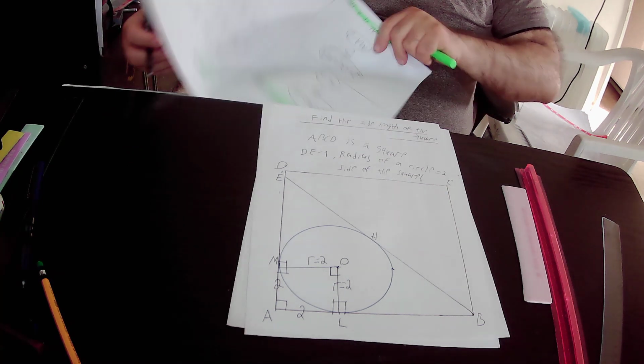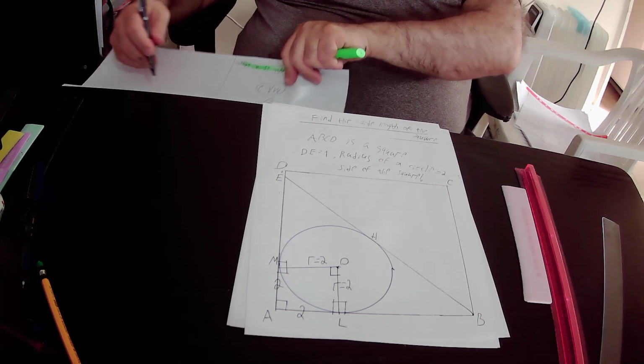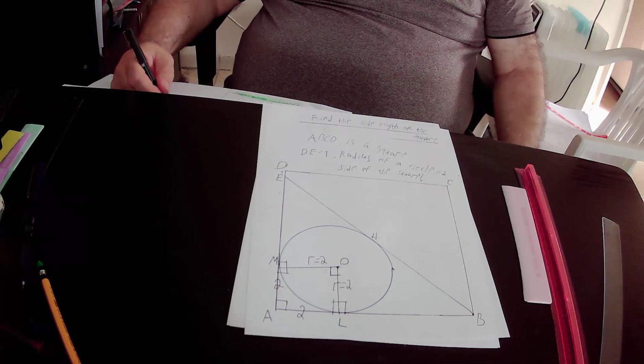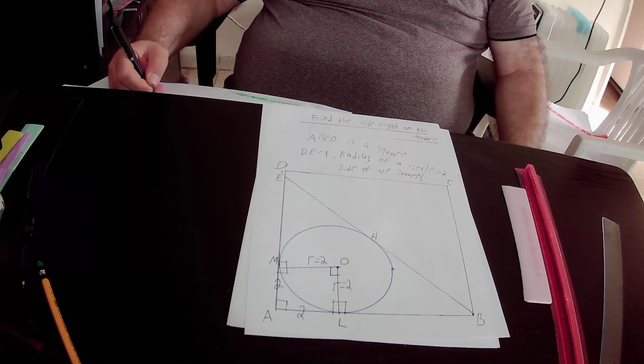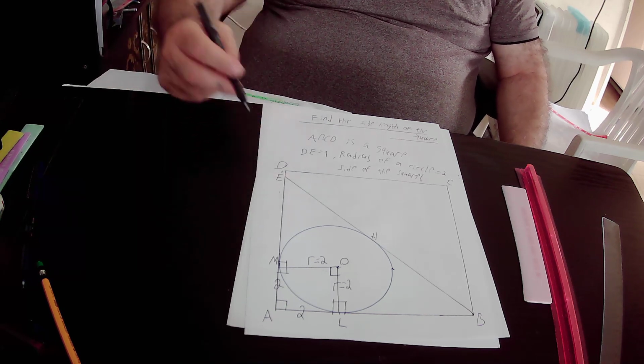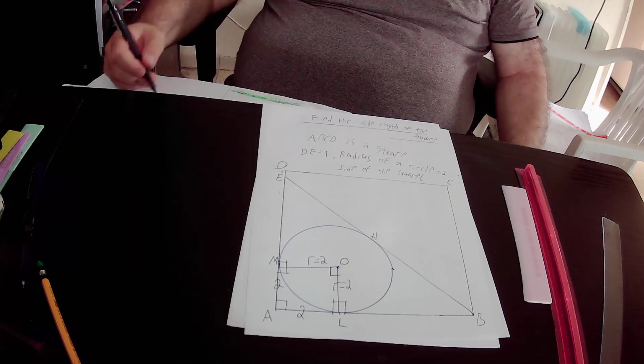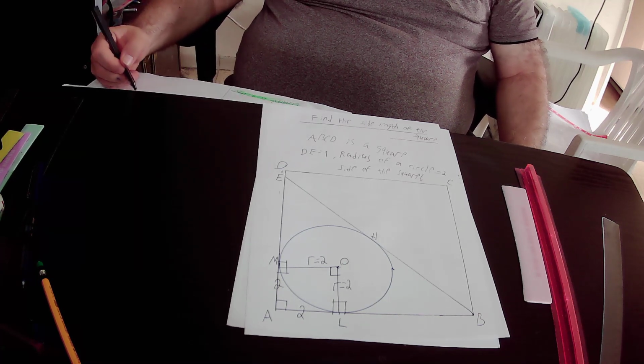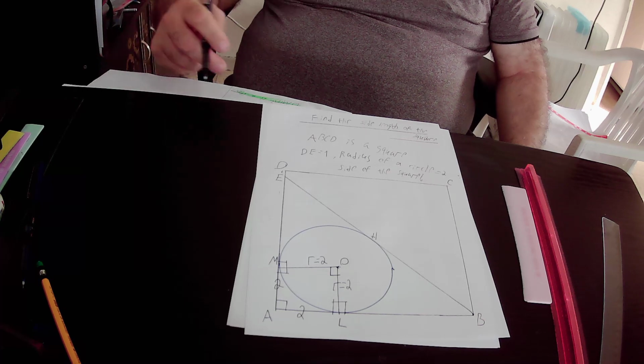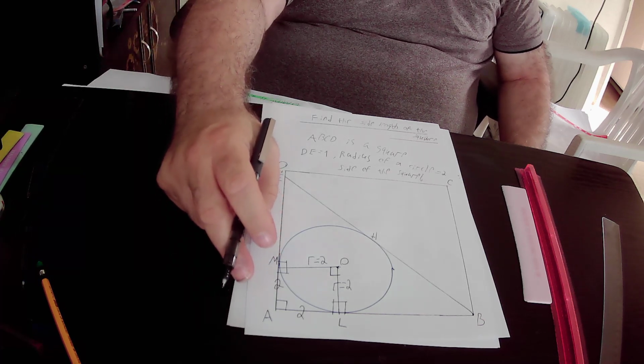So EM equals AD, that is x according to our definition, minus DE, that is 1 according to what is given in the question, minus AM. AM equals 2 units according to what we have already found out.